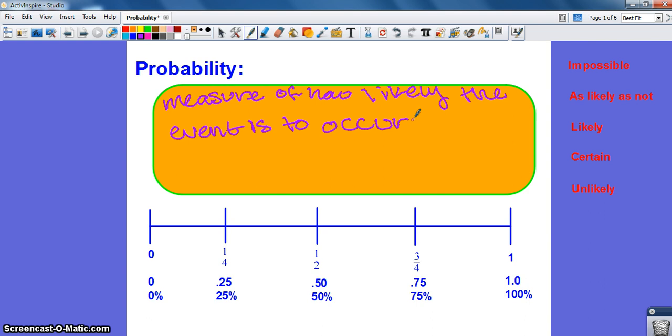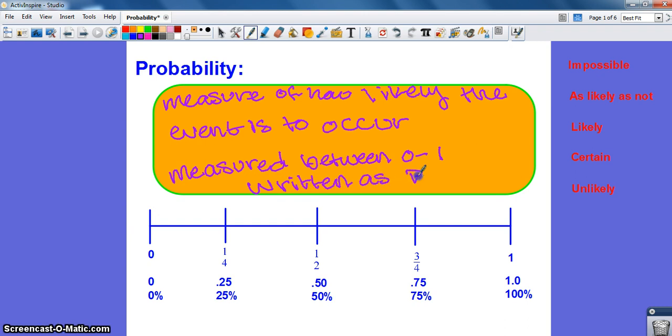And another key part that goes with this is that its measure goes between 0 and 1. And we also write it P of whatever event we are talking about.